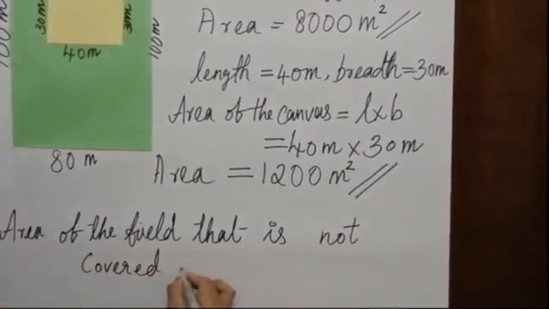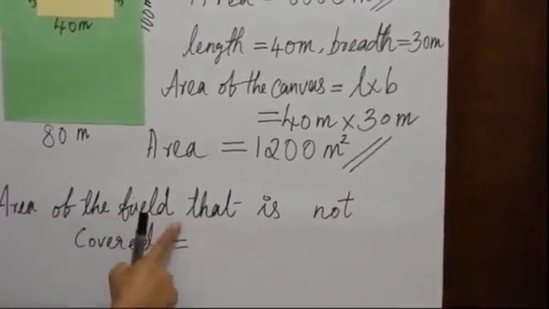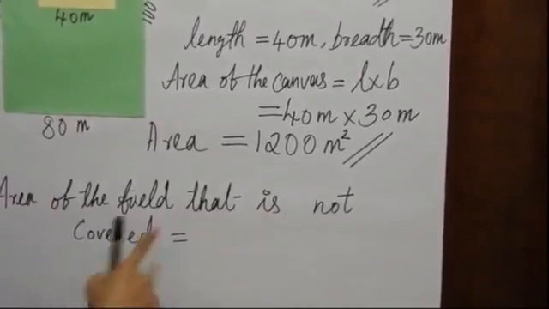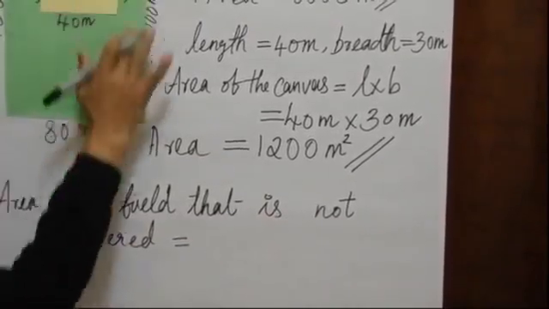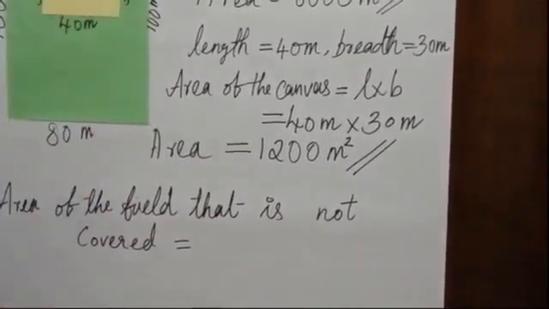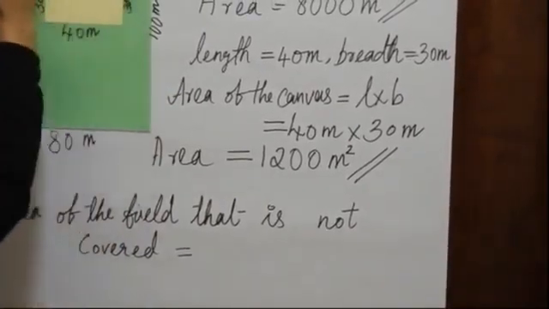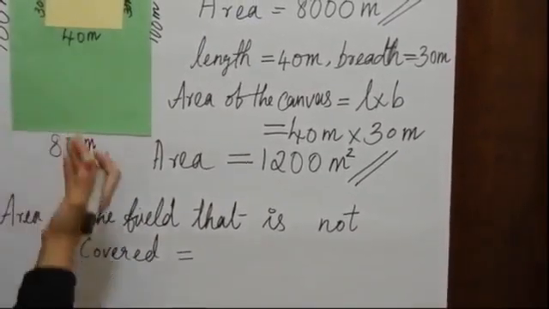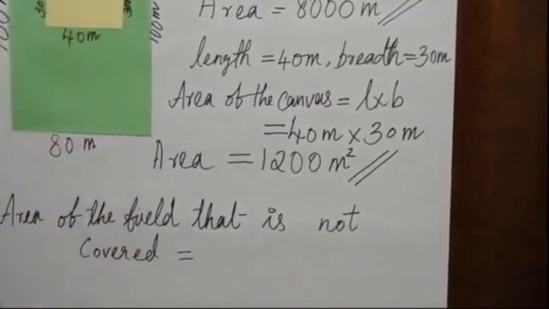This one we are going to find out. Area of the field that is not covered. That means all this part, only this part is covered. So how to find out? From this field area, you have to subtract the canvas area.